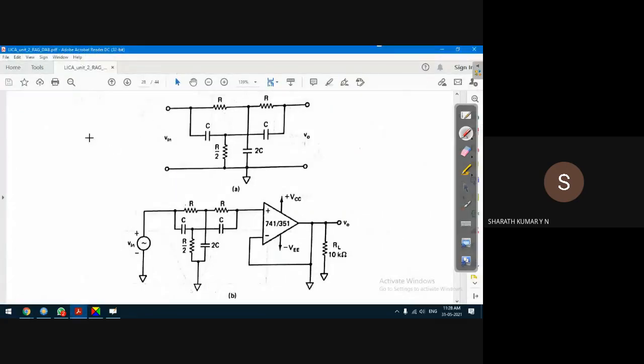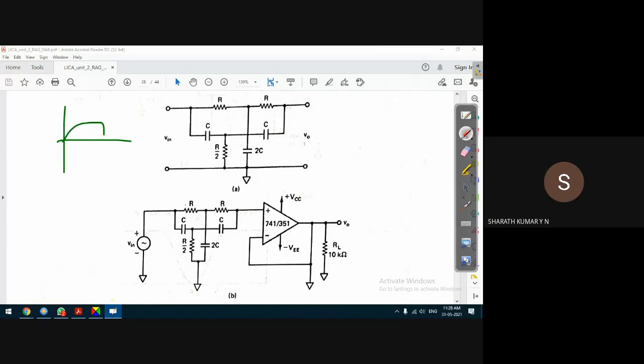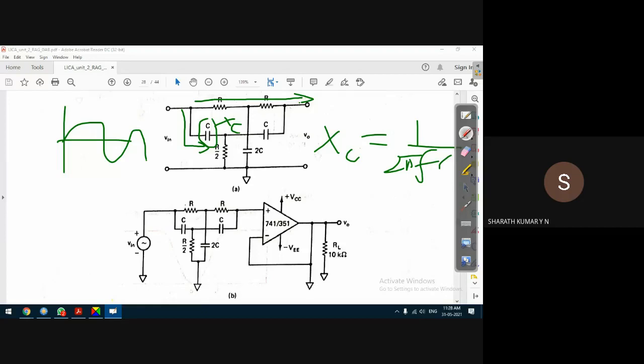Let's try to analyze the circuit. Let's say we are applying the input voltage. This path is a resistor network. Whereas this path, the impedance of this capacitor depends on frequency and the value of the capacitance, 1 by 2 pi fC.